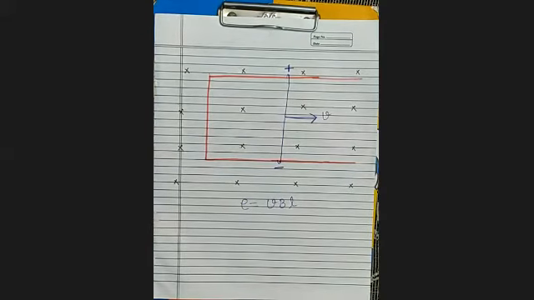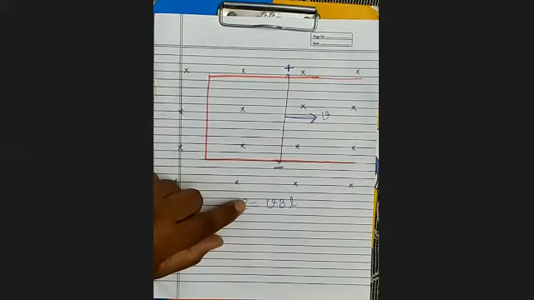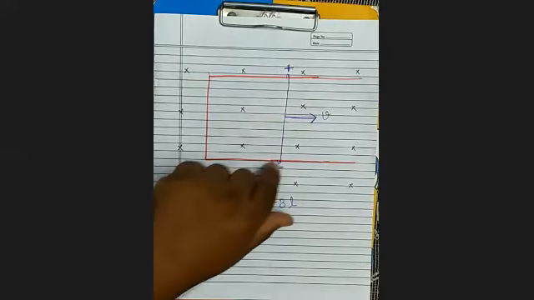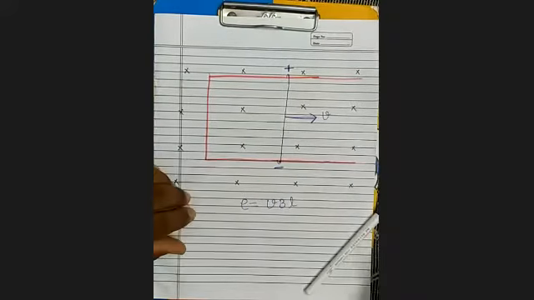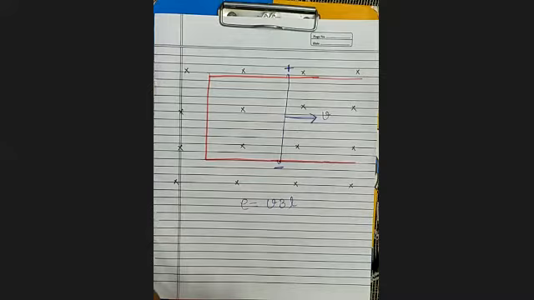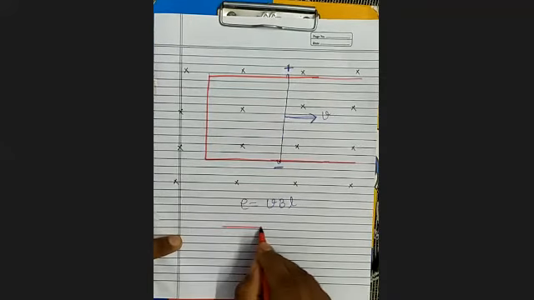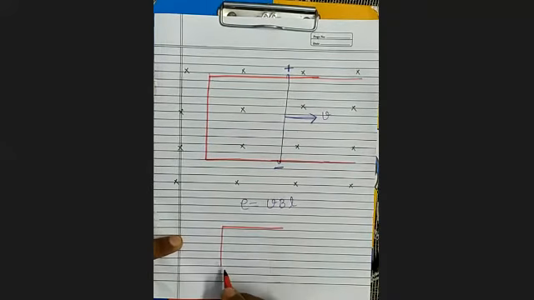Now see here, when this EMF is produced, then because of this EMF, current will start flowing here. You can see here what will be the direction of current. So you can redraw this diagram. Here, if we redraw this diagram, this is the U frame.